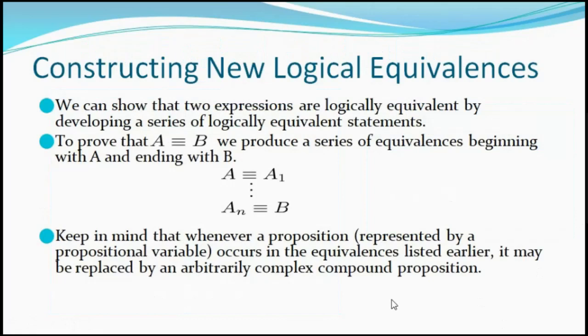Next, constructing new logical equivalences. We can show that two expressions are logically equivalent by developing a series of logically equivalent statements. To prove A is equal to B, we produce a series of equivalences beginning with A and ending with B. Keep in mind that whenever a proposition represented by a propositional variable occurs in the equivalences listed earlier, it may be replaced by an arbitrary complex compound proposition.